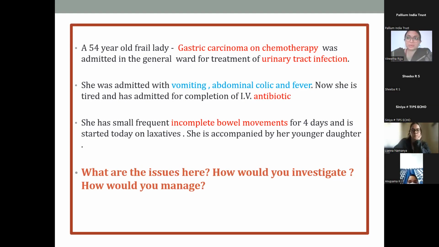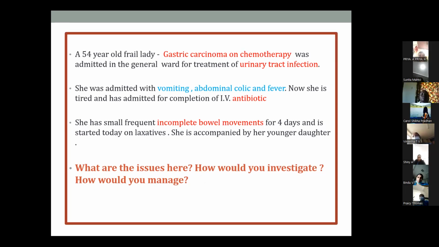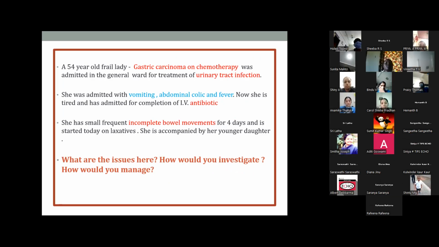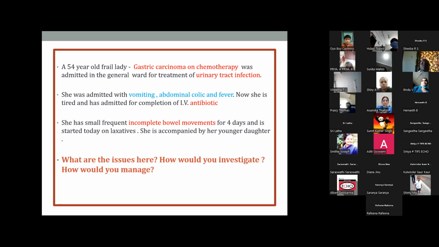I want you to see if there has been any change in the way you thought would work best for the patient, applying what we have learned today. So have an idea what you would do for this 54-year-old lady with CA stomach, UTI, vomiting, abdominal pain, and fever, who is on antibiotics, also having incomplete bowel movements, admitted in the ward and accompanied by her younger daughter. Okay.